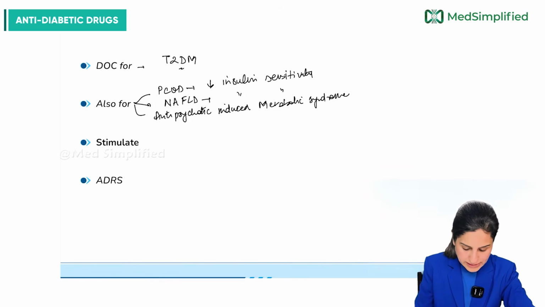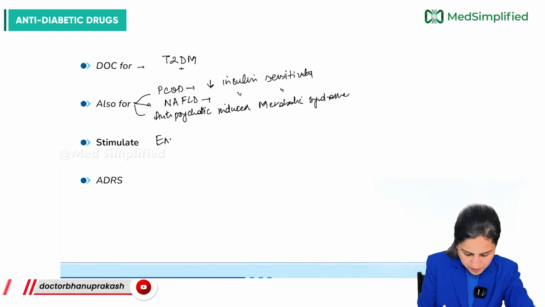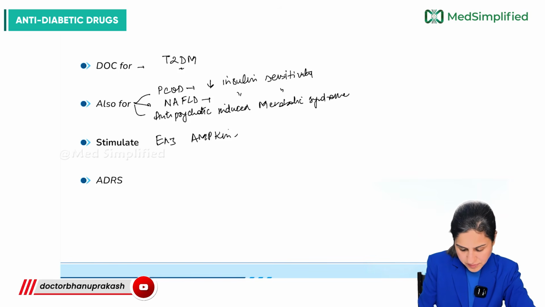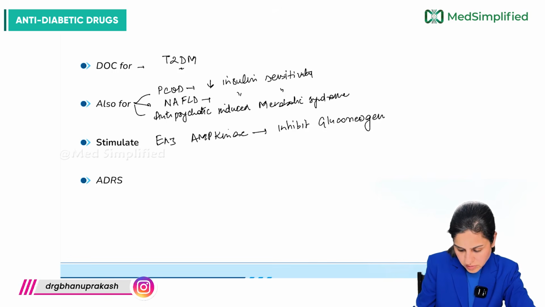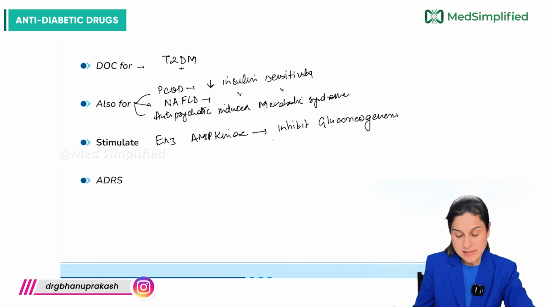Now how it works exactly is by stimulating an enzyme, AMP kinase, and this causes inhibition of gluconeogenesis.